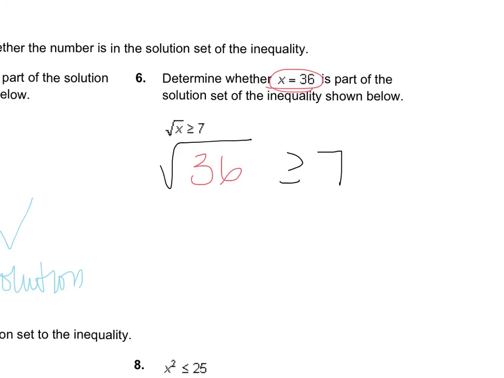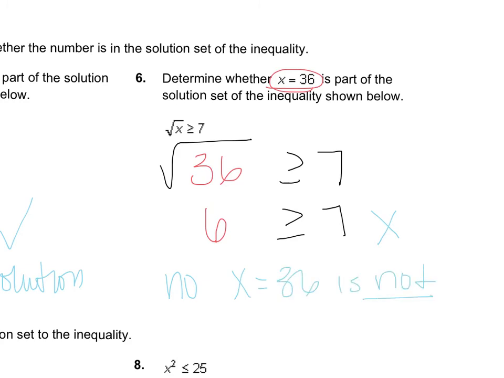Well, the square root of 36 is positive 6. And the question is, is that greater than or equal to positive 7? Well, 6 is not greater than 7, or equal to 7. 6 is less than 7. That's not true. So no, x equals 36 is not a solution.